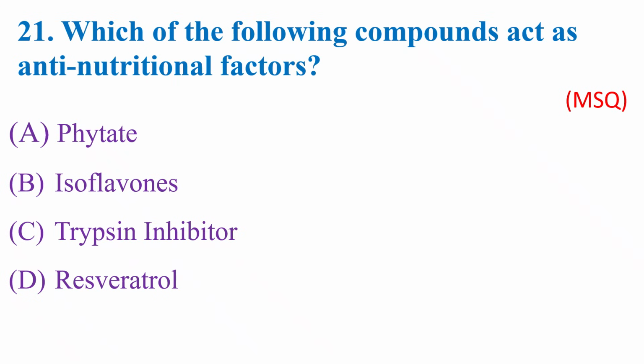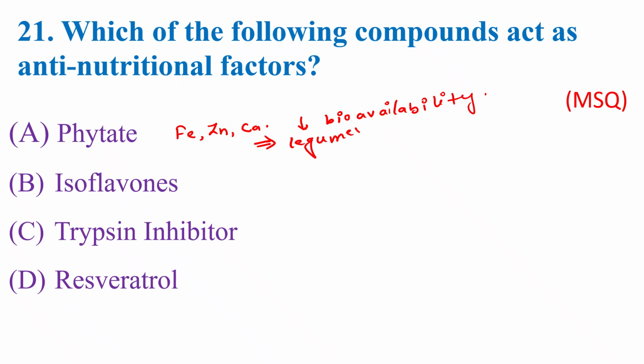So phytate basically binds minerals like iron, zinc, calcium, and it will reduce their bioavailability. Basically, these are found in the legumes. So it is an anti-nutritional compound.